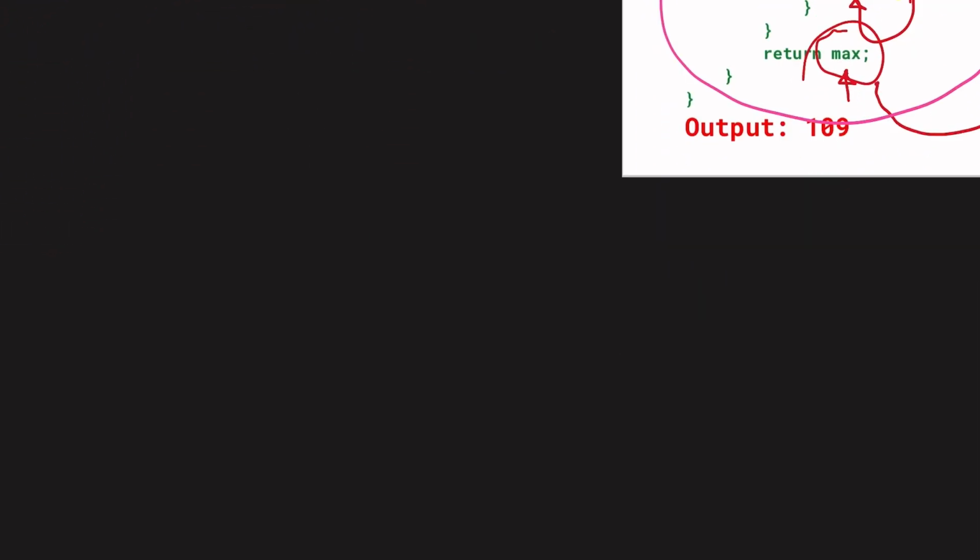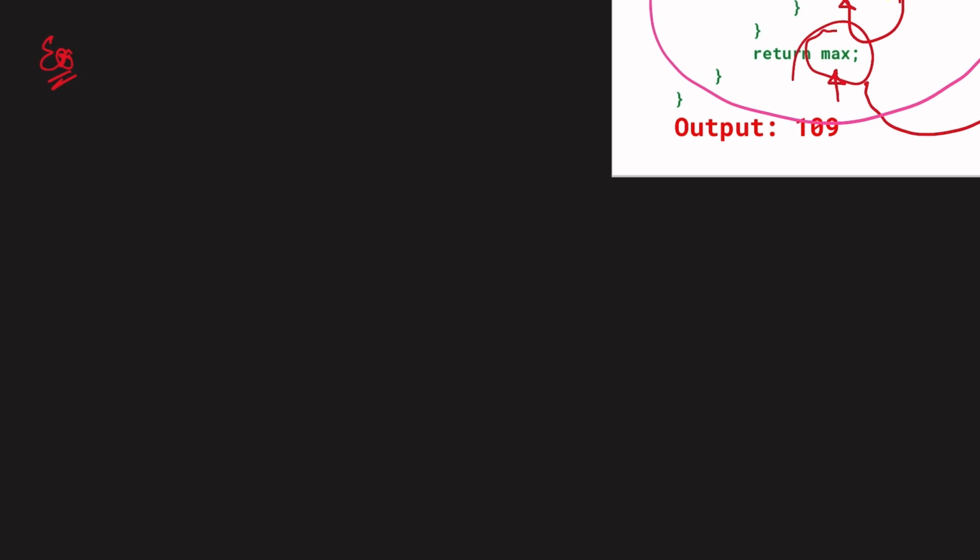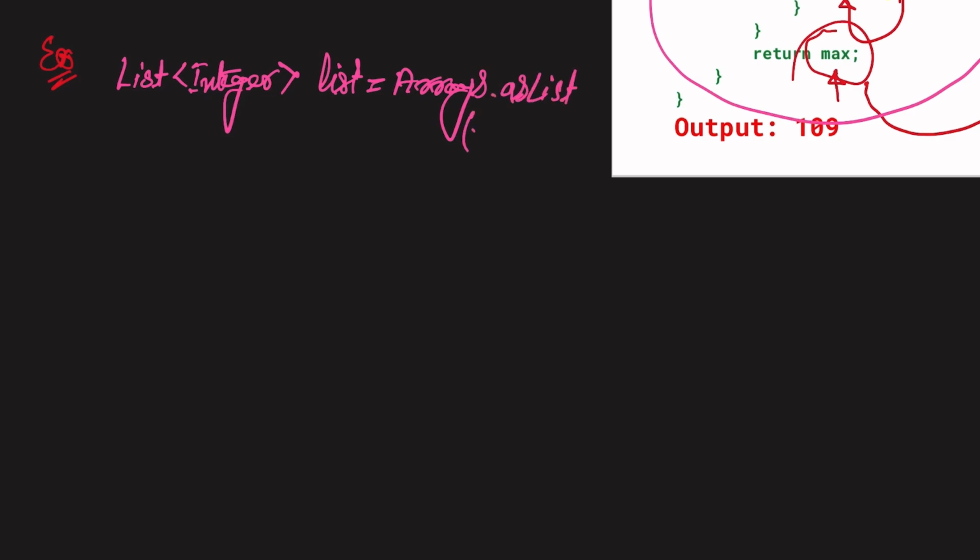For example, if you have a list with generic type Integer, using Arrays.asList, with 20, 10, 5, 30, 15. Use Collections.max to find the maximum value. You can use Collections.max like this.